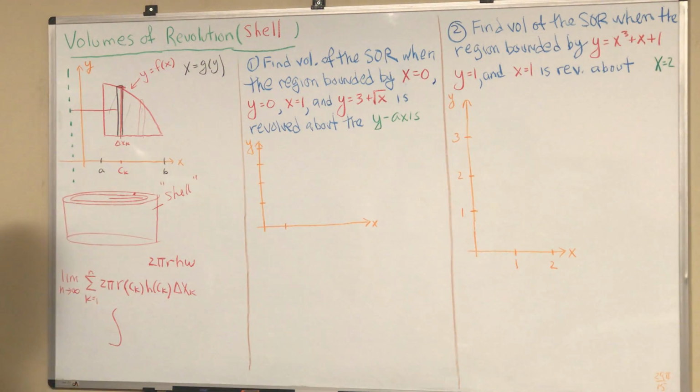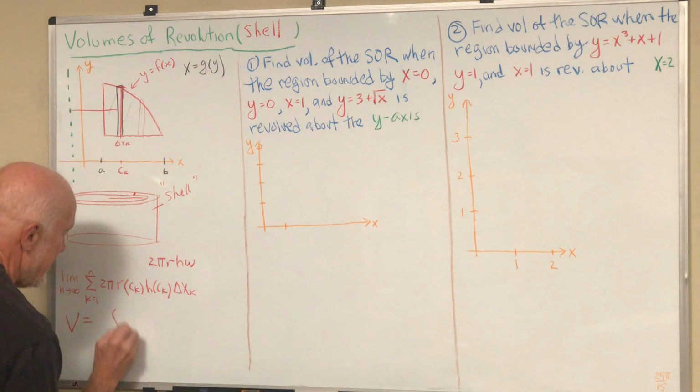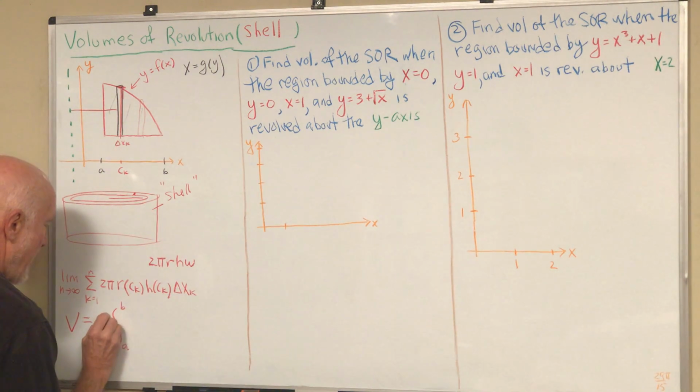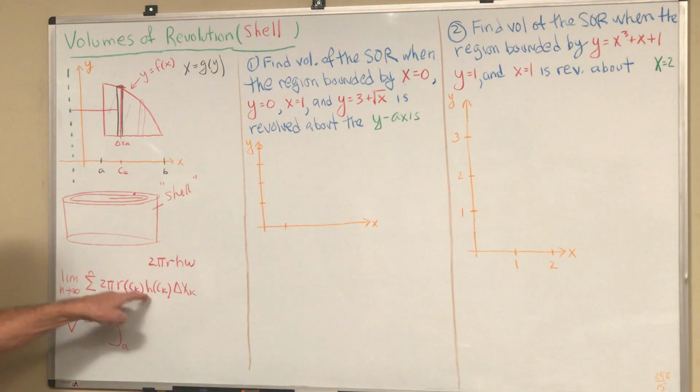So to find the volume, we've got a formula. It's the integral from a to b of 2 pi, and we could bring that 2 pi right out front, and then this is going to be r of x, h of x.